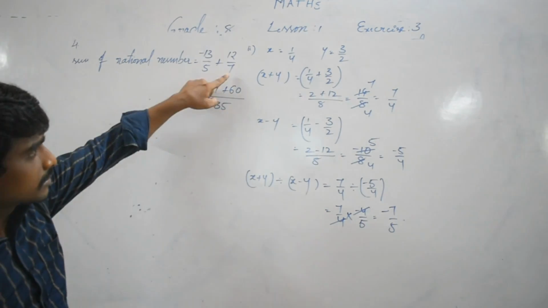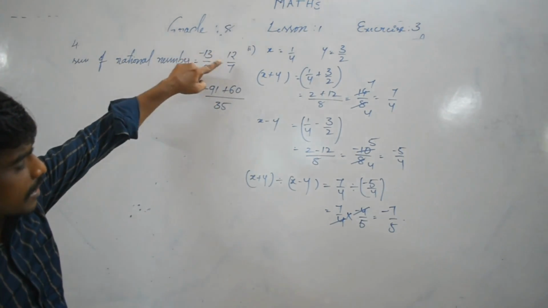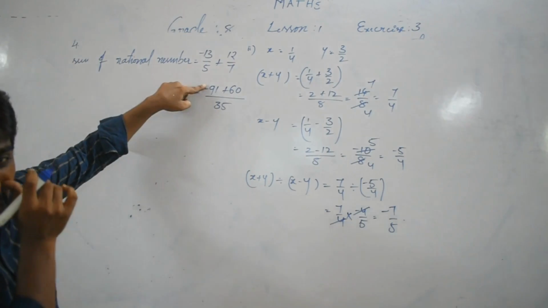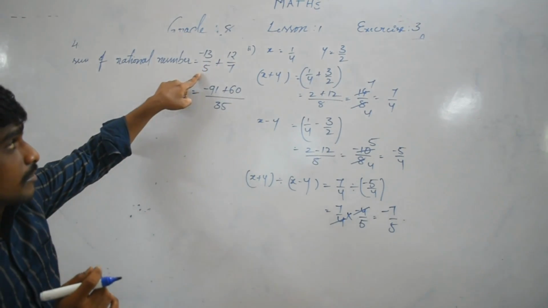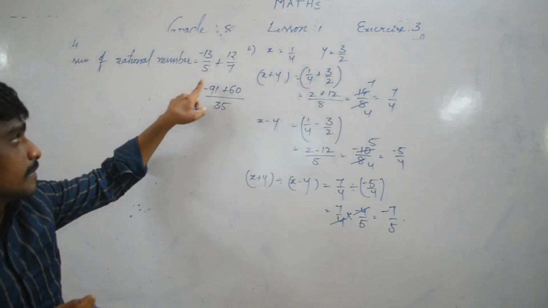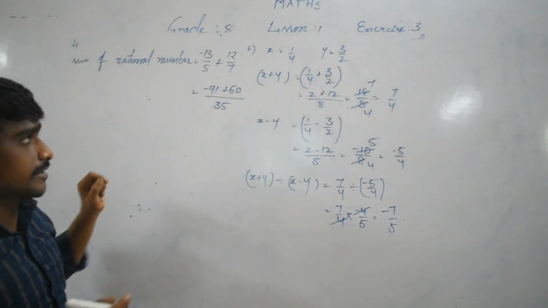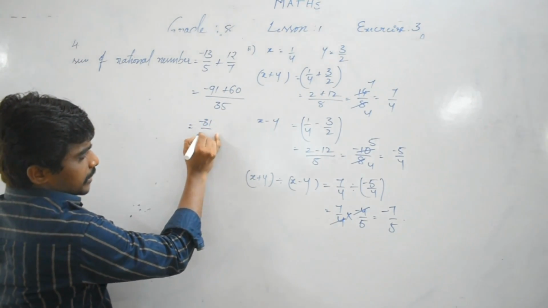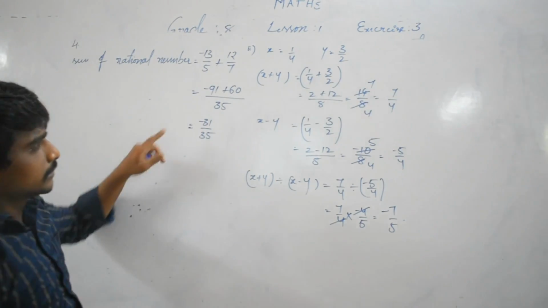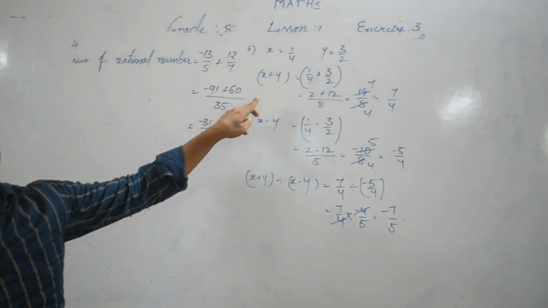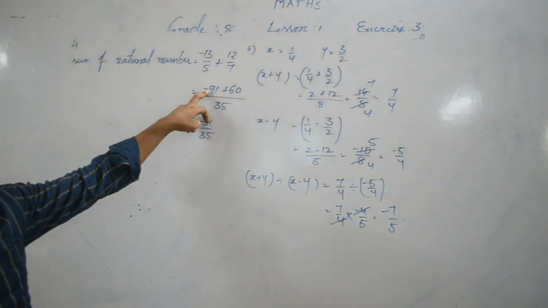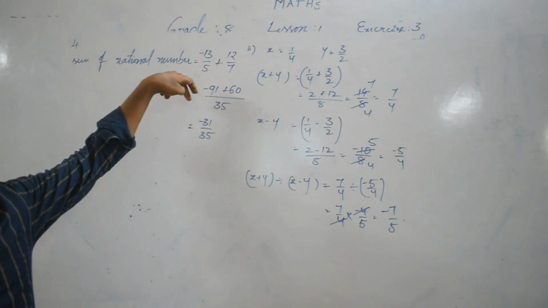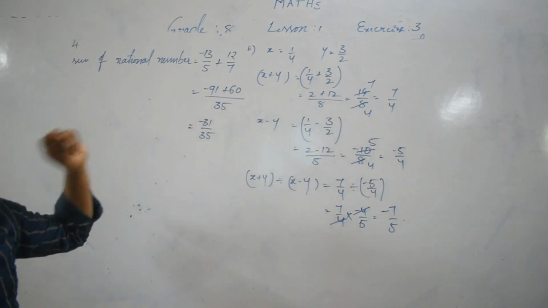Understand? So 7 13s are 91 plus 5 12s are 60, 5 7s are 35. So here 31 by 35. 91 minus 60, 31. So here large number 91 has a minus sign, so minus sign.